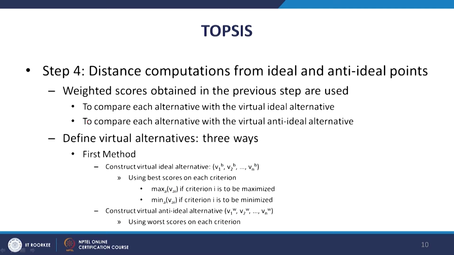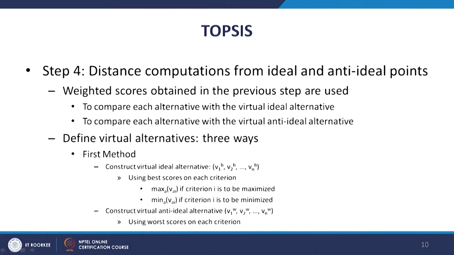Now, we are going to compare each alternative having these weighted normalized scores with the virtual ideal alternative. There is no real ideal alternative, so we are going to define a virtual ideal alternative.